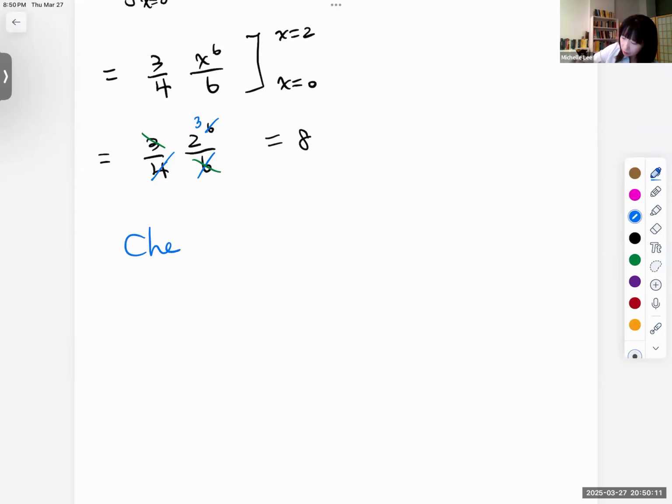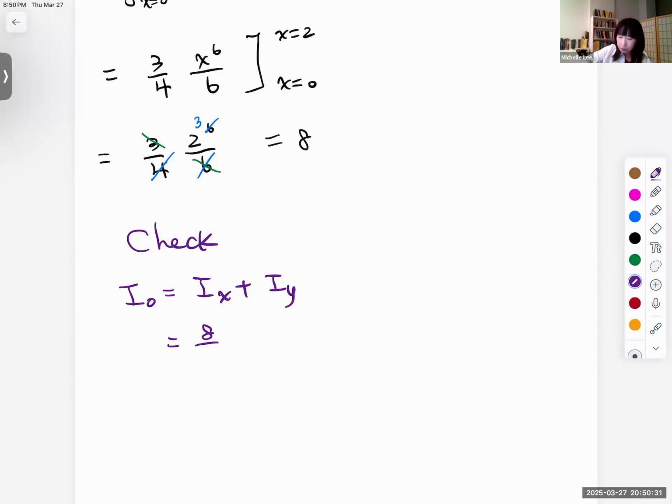So check: the moment of inertia about the origin, I sub x plus I sub y, which is 8 over 3, I believe, plus 16 over 3.